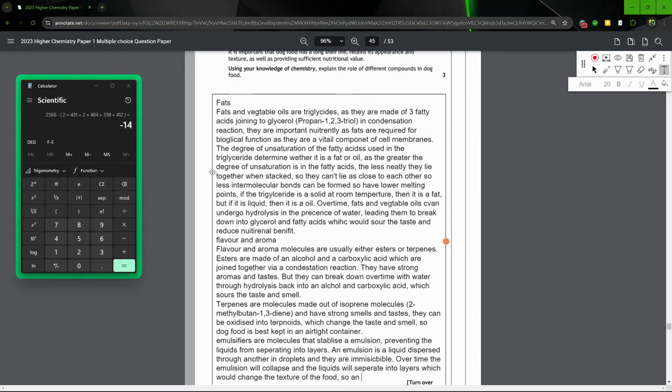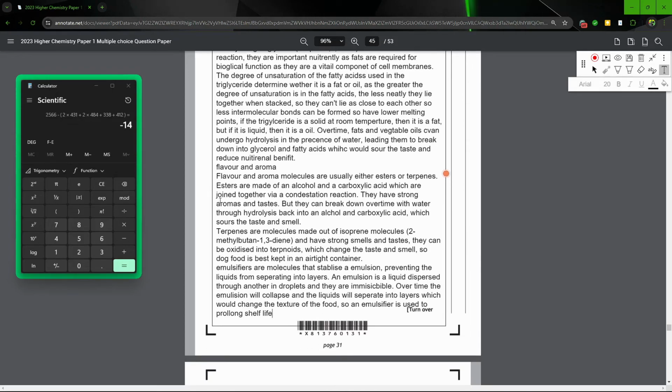So an emulsifier is used to prolong shelf life. I could probably keep talking about this, so we're going to do just a bit more about the structure of emulsifiers, and then move on.